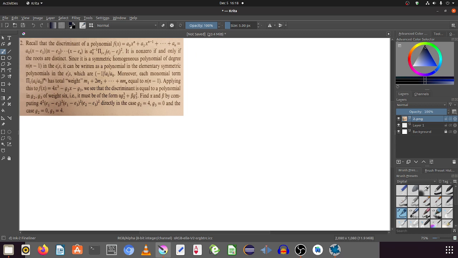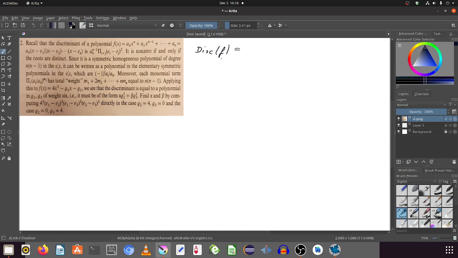Or rather, that is not the definition. The discriminant of f, see if this works better.